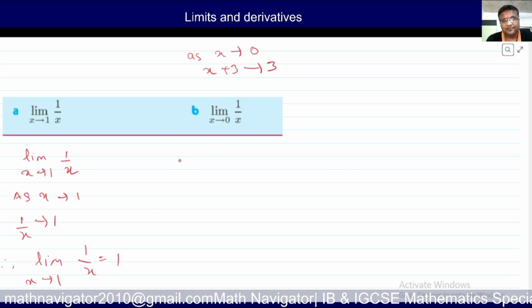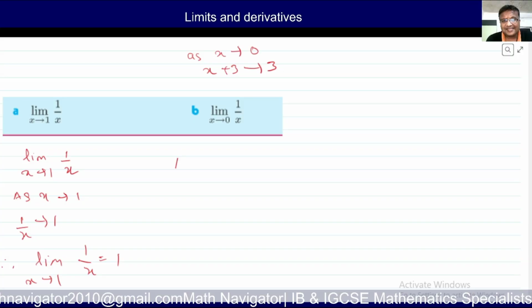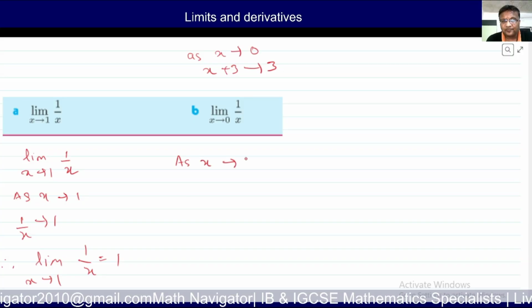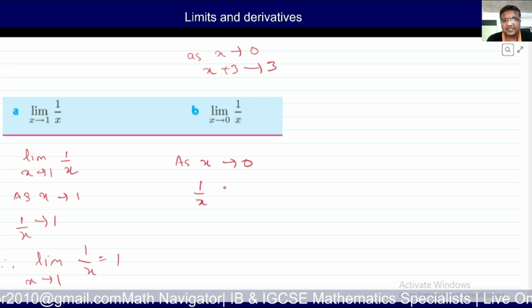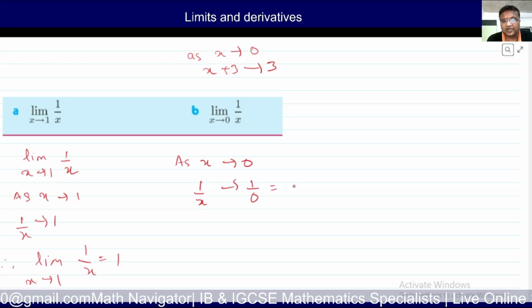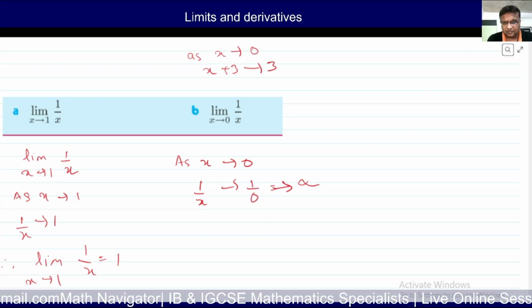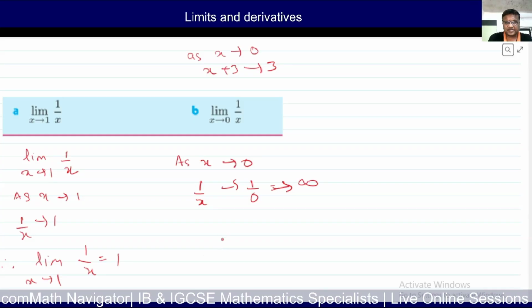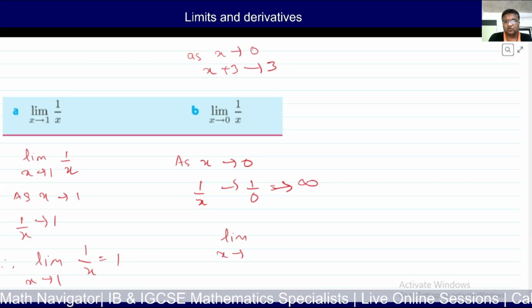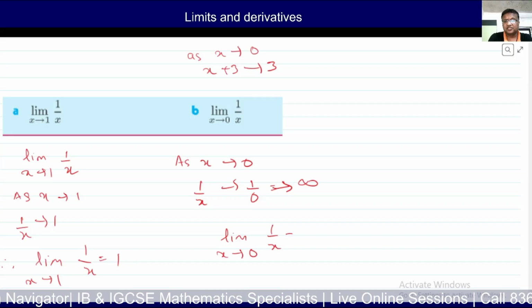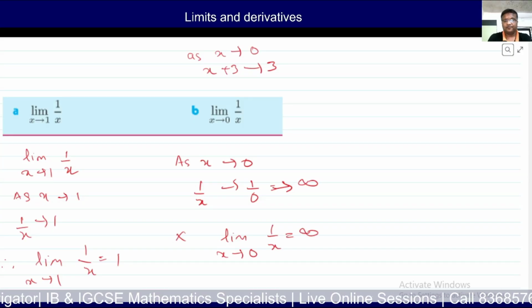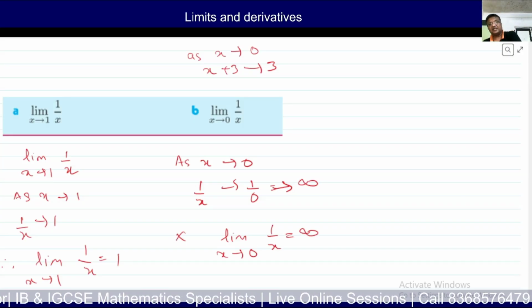So I'll say as x tends to 0, 1 over x tends to 1 over 0, which is nothing but infinity, right? So you will not write limit x tends to 0, 1 over x is equal to infinity. This is wrong, because infinity in itself is nothing.